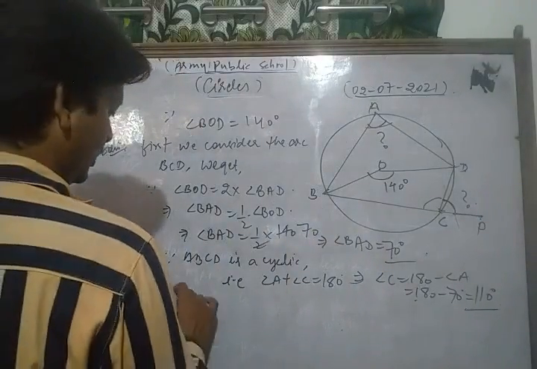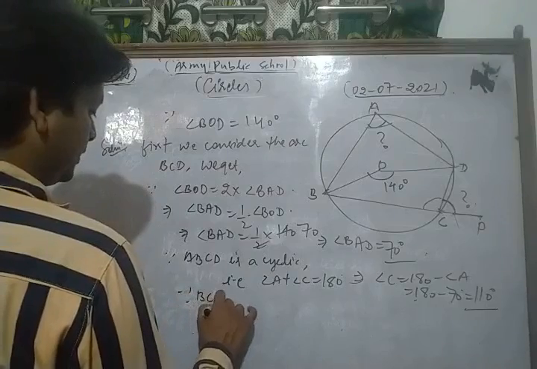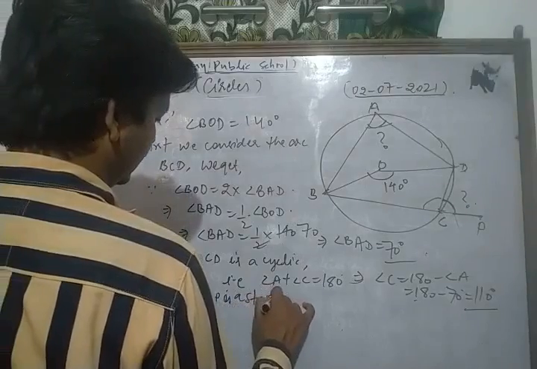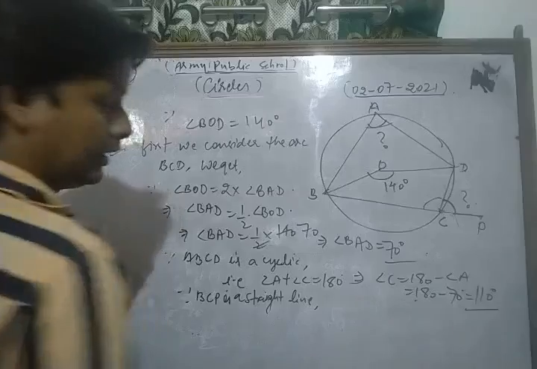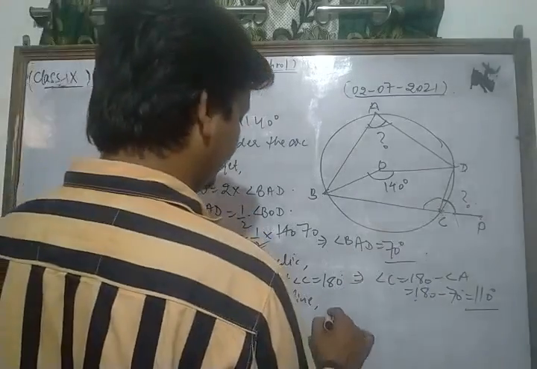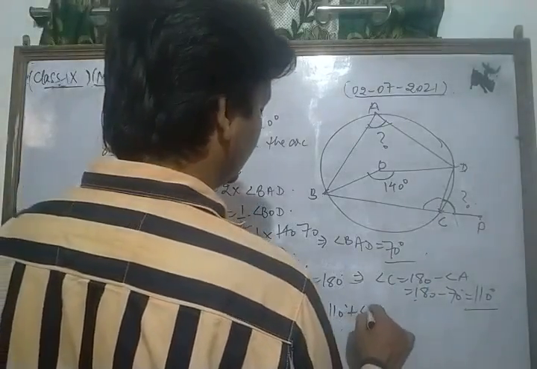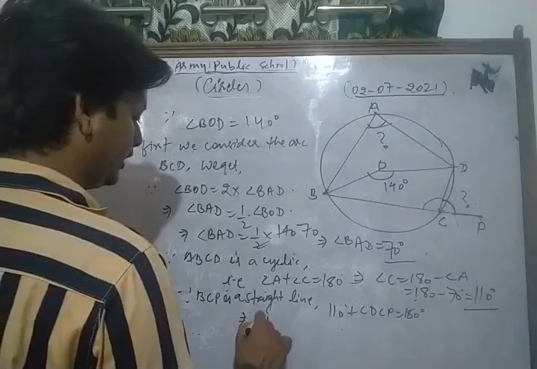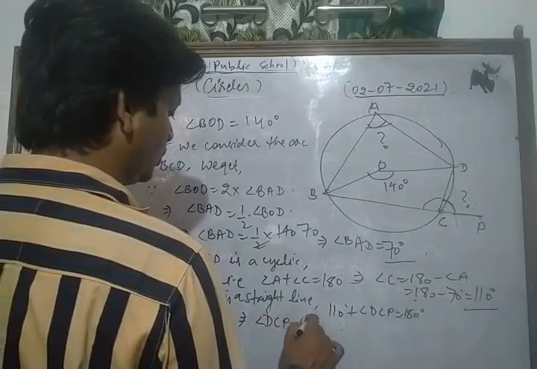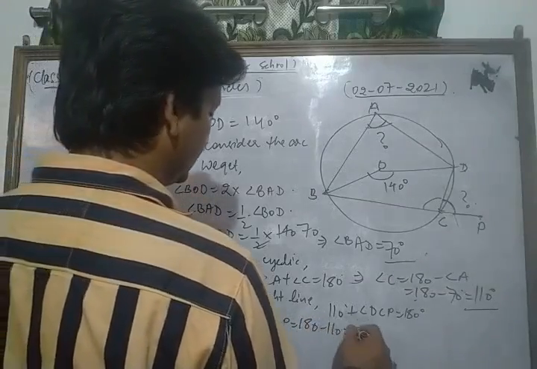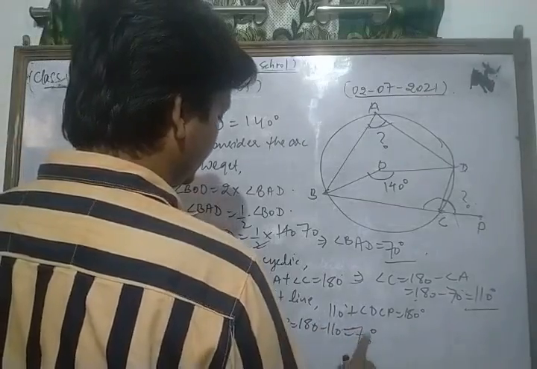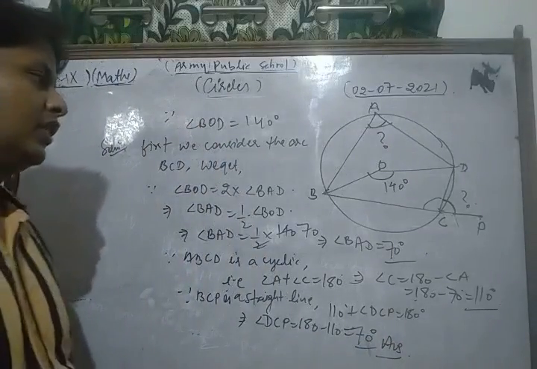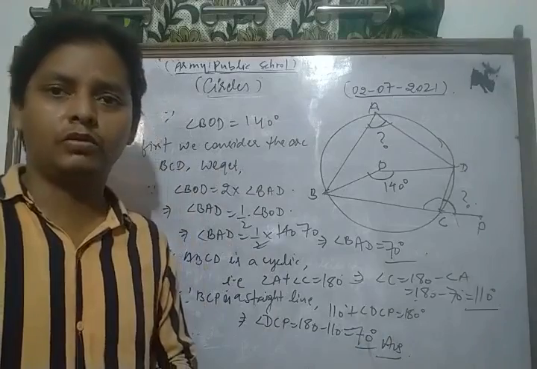Now since BCP is a straight line, 110 plus angle DCP is equal to 180 degrees. So angle DCP is equal to 180 minus 110, that is 70 degrees. This is your answer. So dear student, this is the method to solve that type of question.